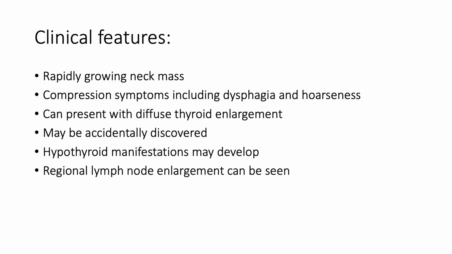Clinical features of thyroid lymphomas: they can present as a rapidly growing neck mass, and sometimes may pose a clinical diagnostic dilemma between lymphoma and anaplastic carcinoma. They may encroach on the adjacent structures, thereby causing dysphagia and hoarseness, and hypothyroid manifestations, and even regional lymph node enlargement is common.